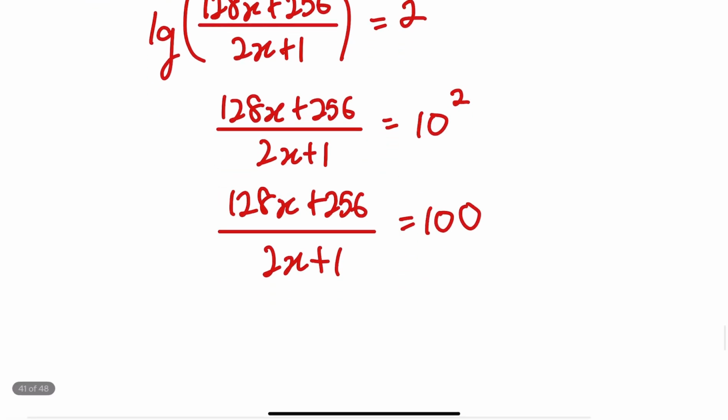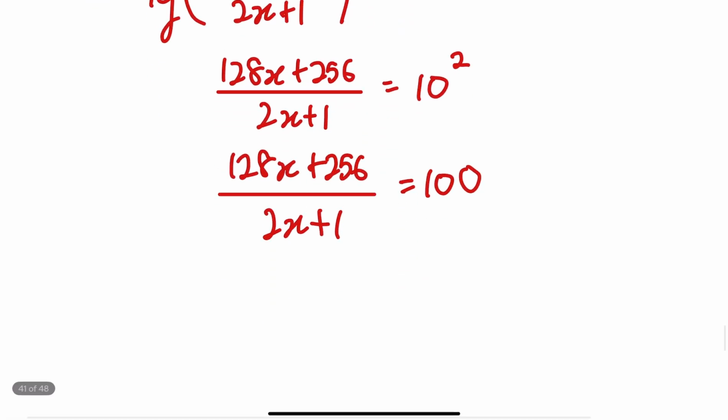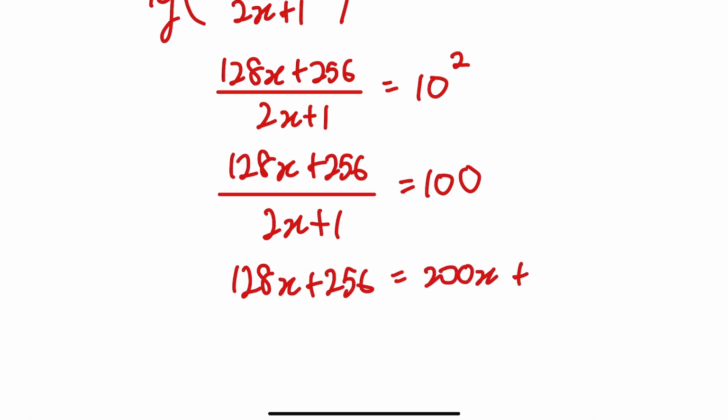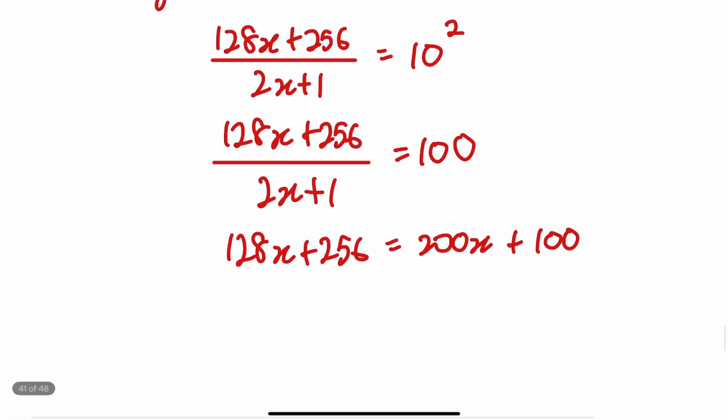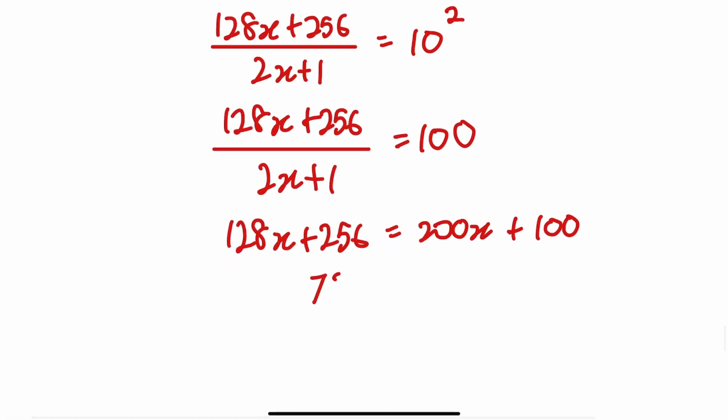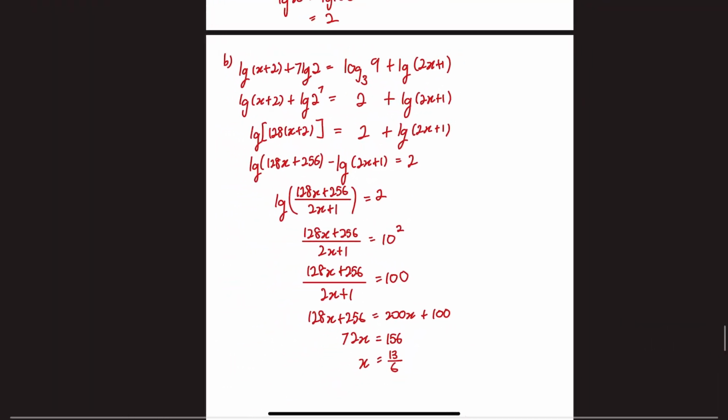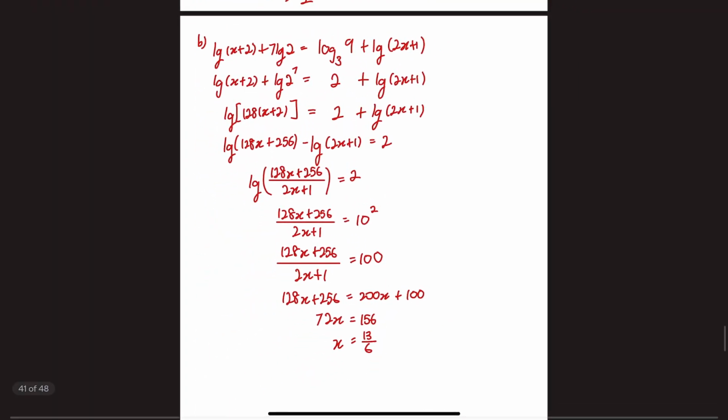I can now simply solve this fractional equation. 128x plus 256 equals 200x plus 100. So 72x is equal to 156. x is simply equal to 13 over 6. And this is your answer for question part B.